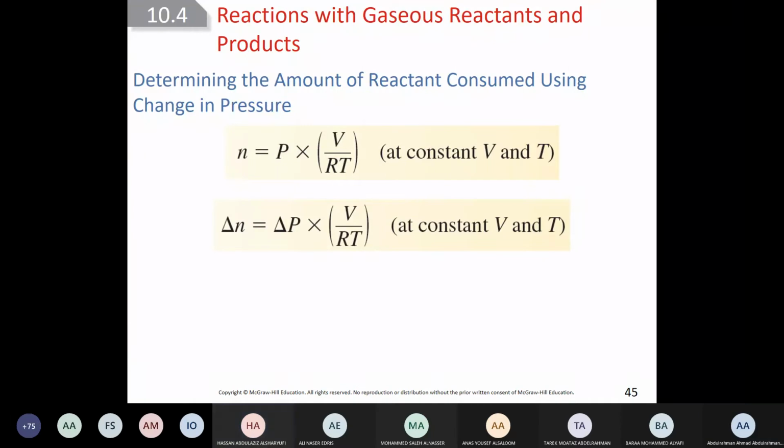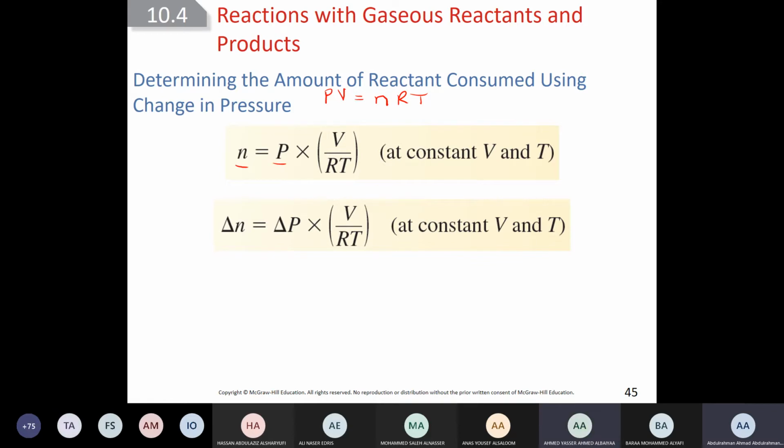Good. Easy. Next. If I know that PV equals nRT, what's the relation between n and P? n is equal to what? n equals PV over RT.